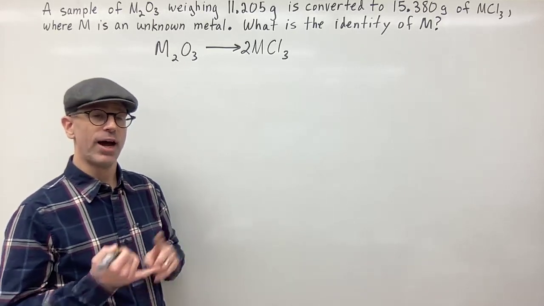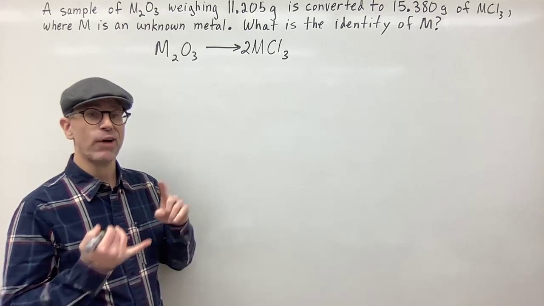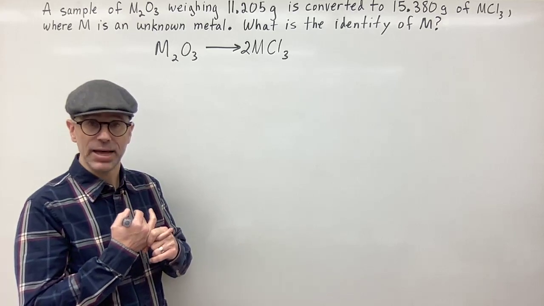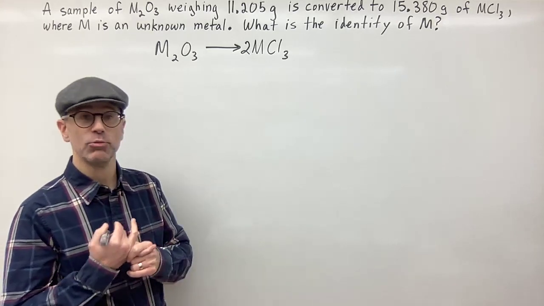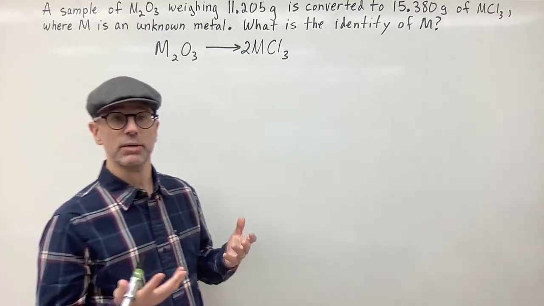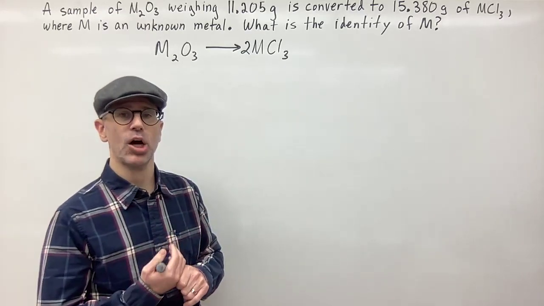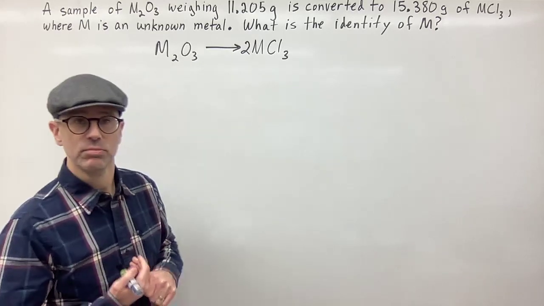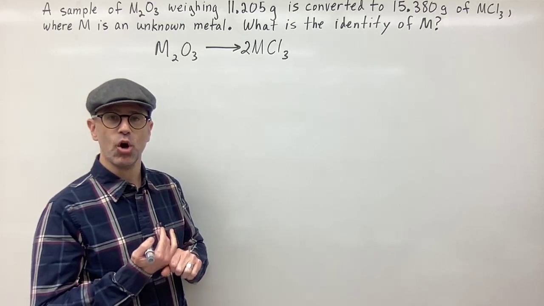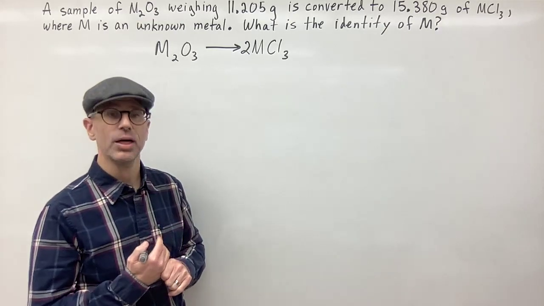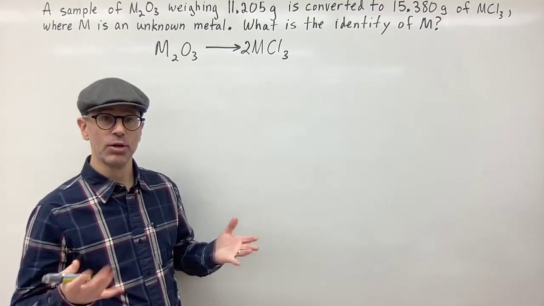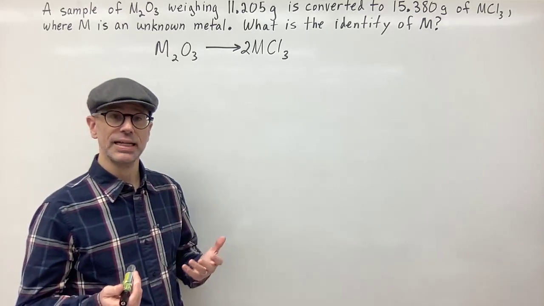So if we could find the grams and the moles of M, we could divide those and we'll get the molar mass and look on the periodic table for our element. But in this case, that would be hard to do because we don't know the mass of M. We don't know really the moles of M either. That's not really given to us. We're given the masses of the compounds, but not the elements in the compounds.